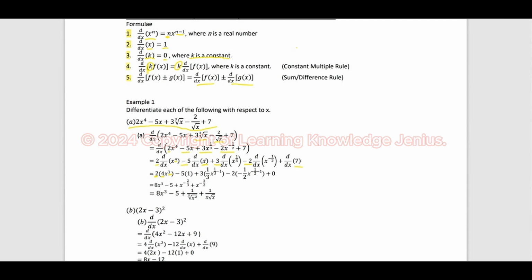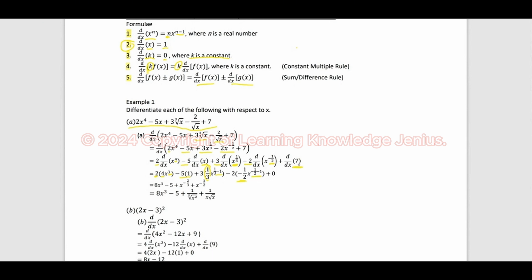Differentiation of x, remember, we have formula number 2 here. So you can just replace the differentiation of x with 1. So it will be -5 times 1. Next is this one. We can bring down the 1/3 and minus 1 on the power. And then -half, you can bring down the -half here and minus 1 on the power.